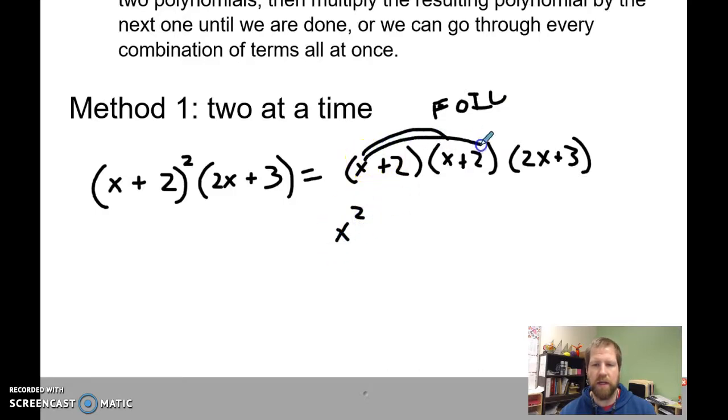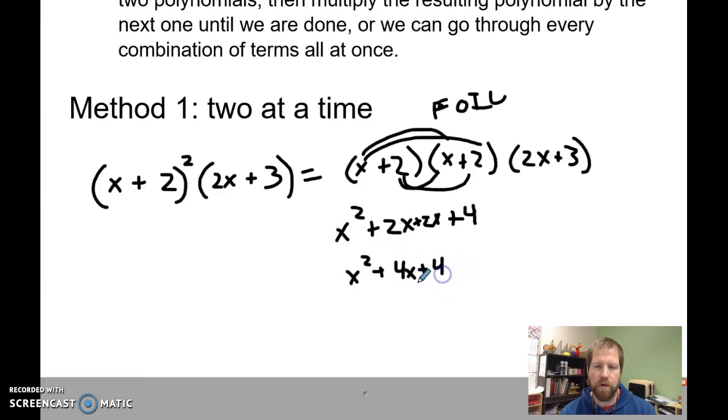Outside is going to be 2x. Inside is going to be plus 2x. And then last is going to be plus 4. So I have x squared plus 2x plus 2x, 4x, plus 4.